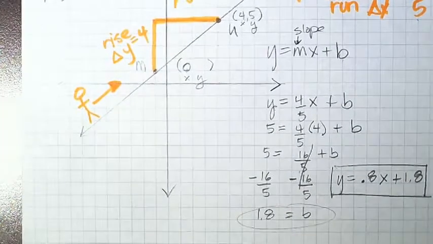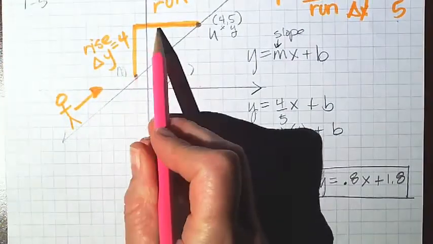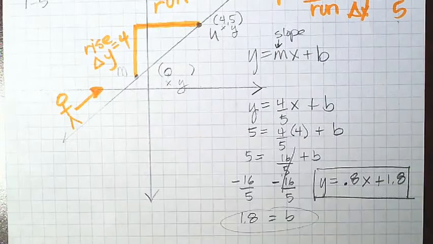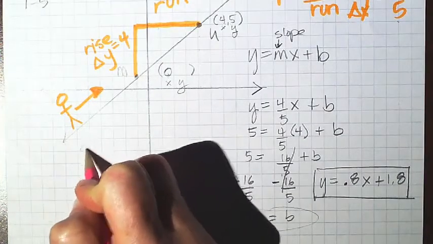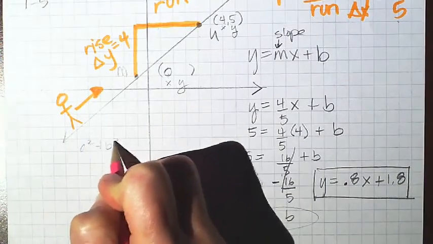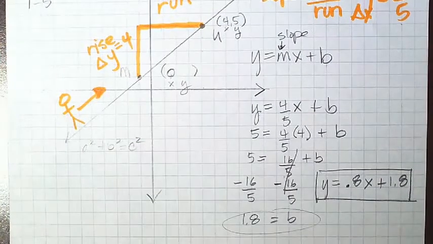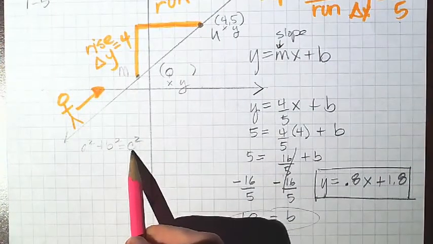And isn't the relationship between the two sides of a right triangle and the hypotenuse of a right triangle a squared plus b squared equals c squared? C is my hypotenuse.